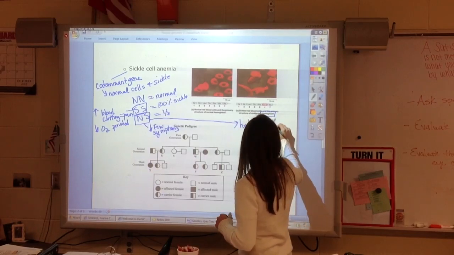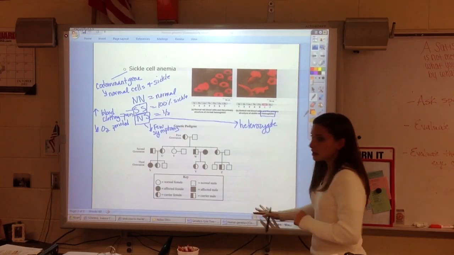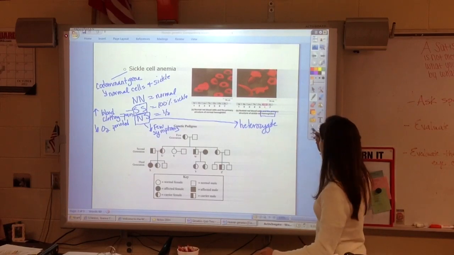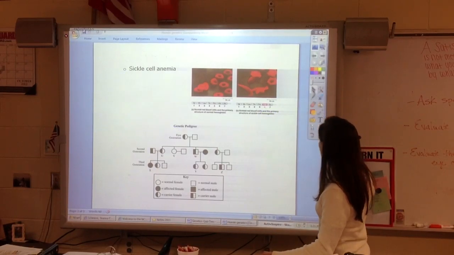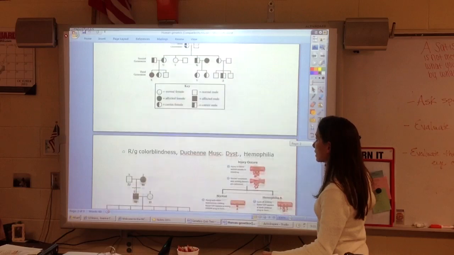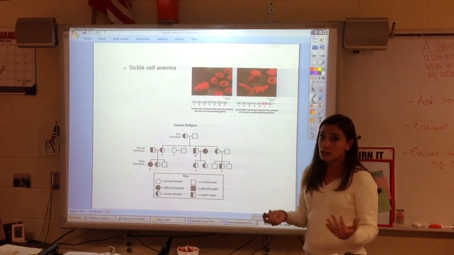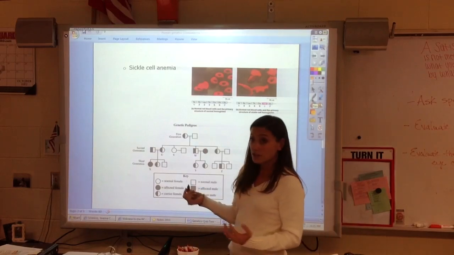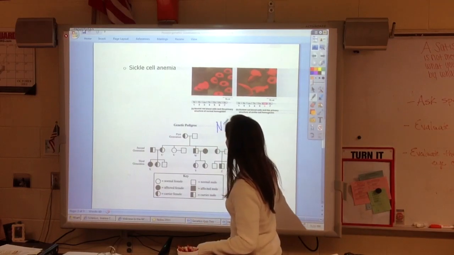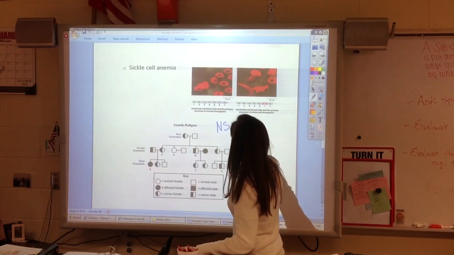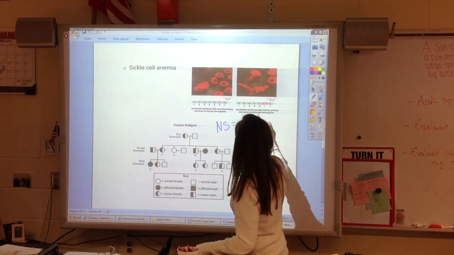And so what we're going to end with talking about is the concept that sometimes a gene stays in a population because there is an advantage. So if you are heterozygous, you're actually protected from malaria.